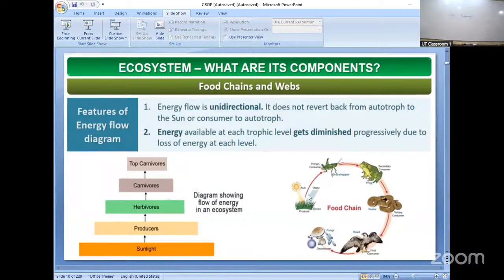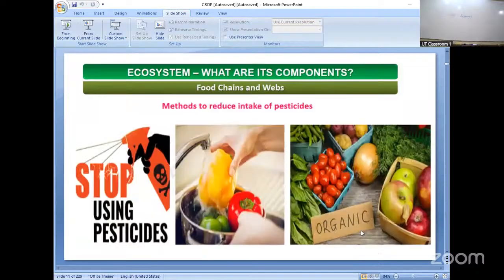If we spray pesticide, the chemicals will enter, right? And if the frog feeds upon grasshopper, the chemicals will again pass on here, right? So like this, the chemical will pass on up to this also, right? So even if we consume plants, the chemicals will enter into our body also, right?